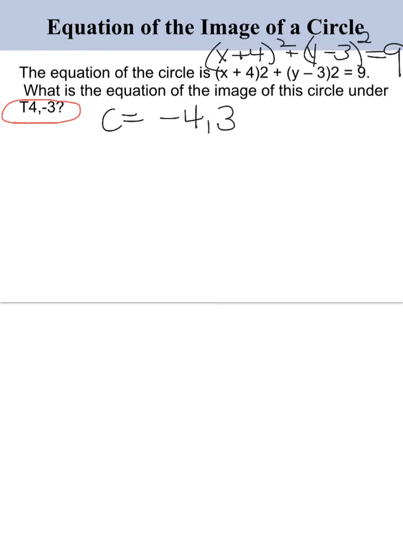And for the new circle, we need to apply the translation. So that's plus 4, minus 3. These two cancel out and make 0, and 3 minus 3 makes 0. So this is the new center of the image.